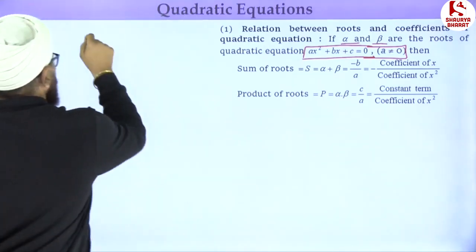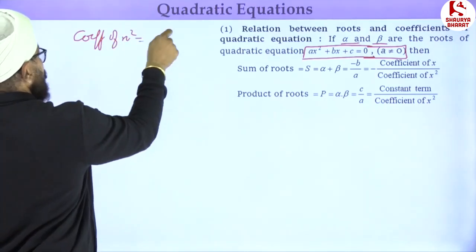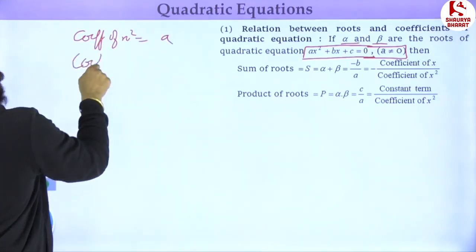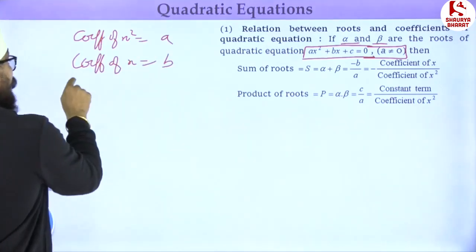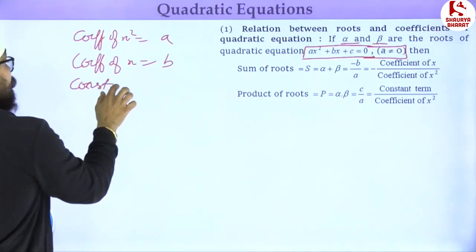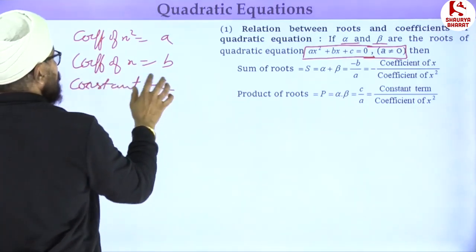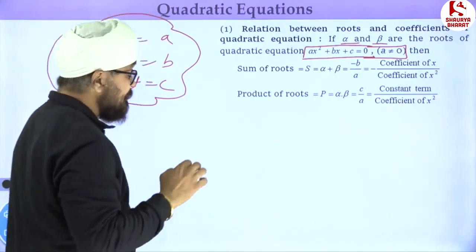The coefficient of x square is a, the coefficient of x is b, and the constant is c. So with these three numbers we have the zeros, that is, the roots.